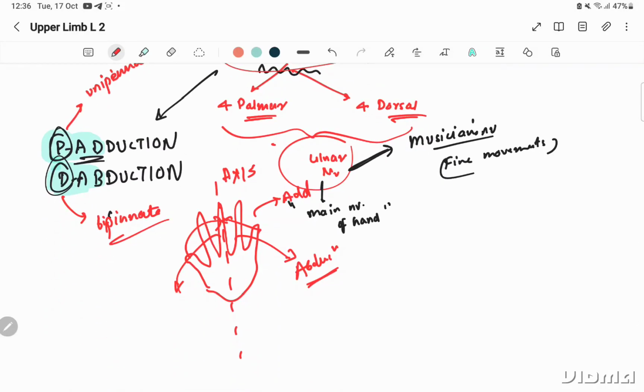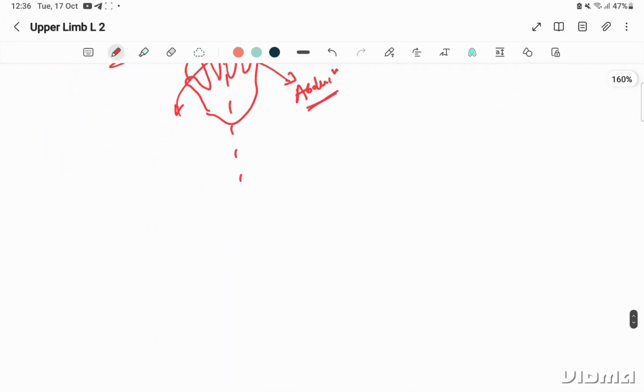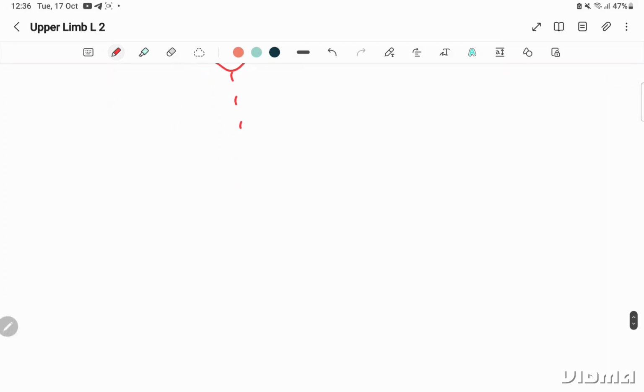So let's discuss the palmar and the dorsal interossi in two separate diagrams, as in one diagram it may get complicated. So I have to draw a diagram, then we'll copy and paste it, two parts.